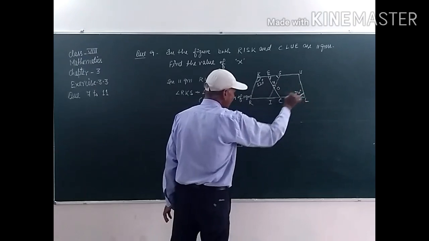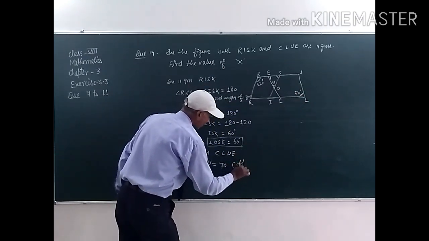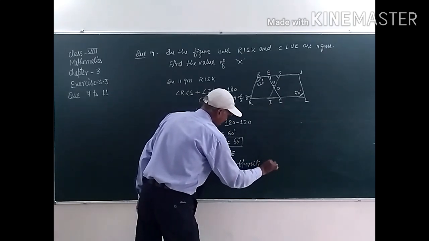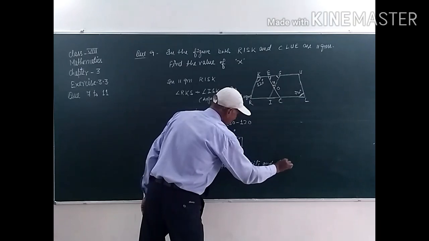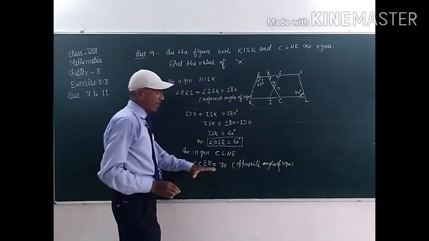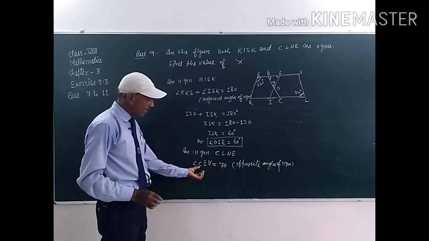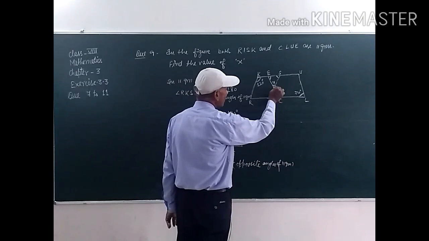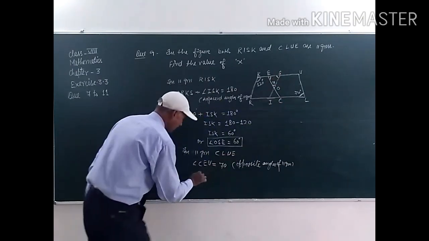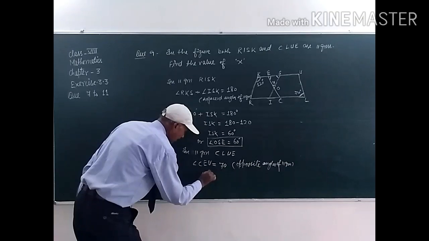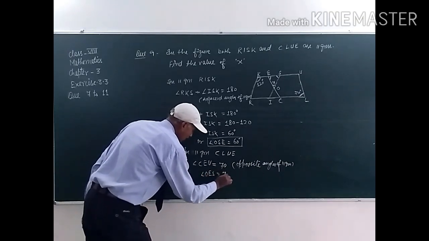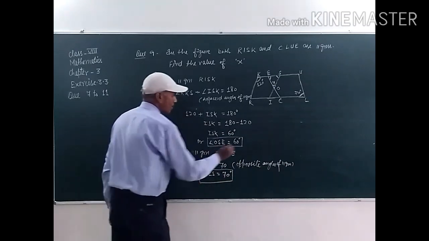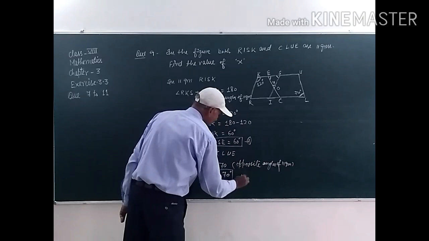That is opposite angles of parallelogram. So opposite angles of parallelogram are equal. So angle CEU will be 70 degree, or this angle will be, student, OES. We can say it angle OES is equal to 70 degree. This one is second part of this. So this one first, this one second.